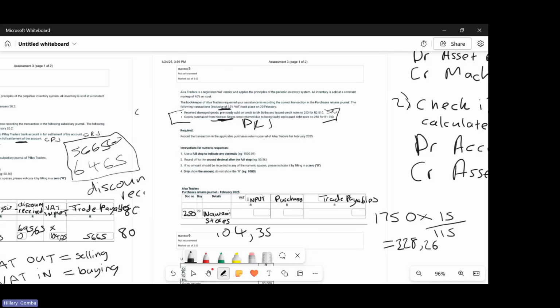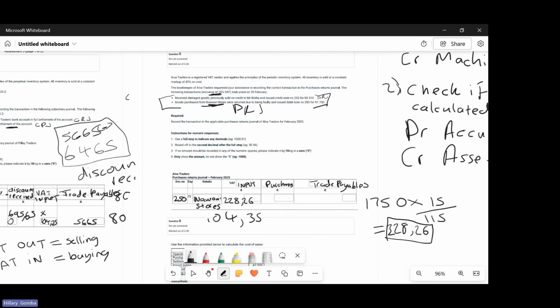Okay, so it means this will be the VAT that we will record here, 228.26. And then for trade payables, you will record the 1750 as it is.